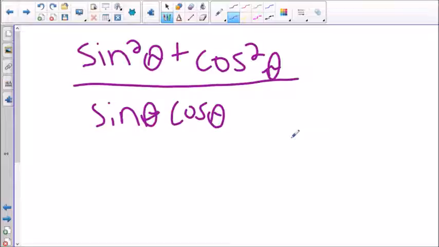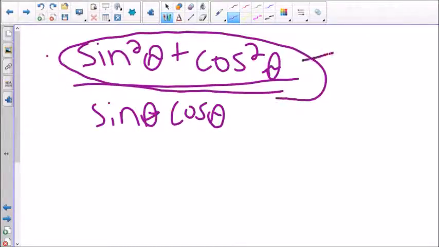So now, this is gonna write weird, so anyways, that's a dot. After you've simplified, you will now have on the top another identity called the Pythagorean identity.